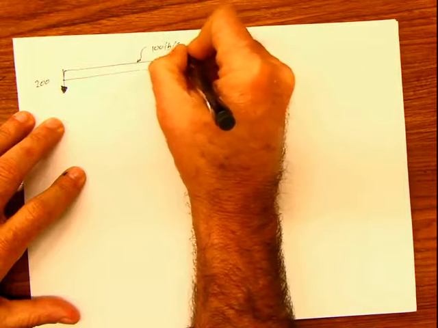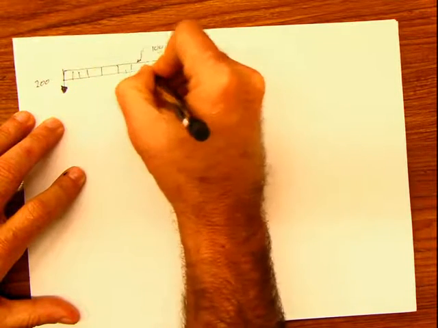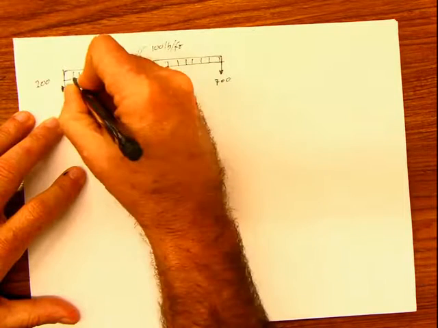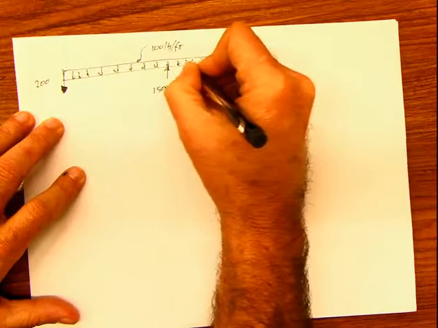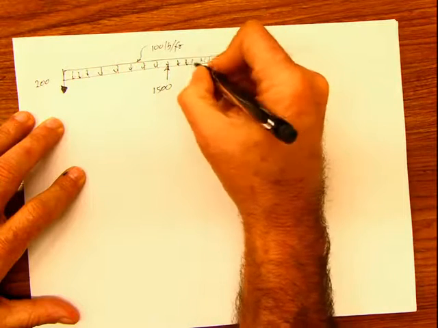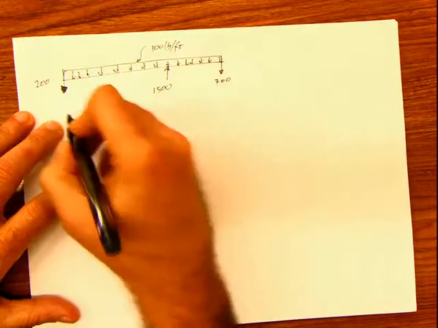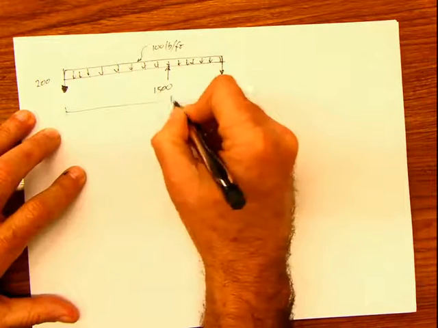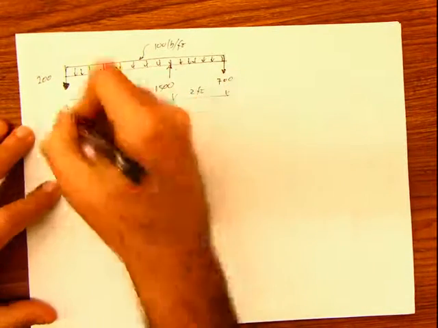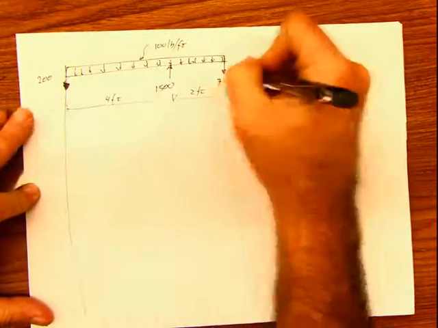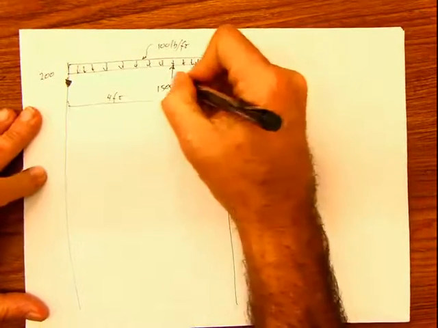£1 per foot, distributed load, downward, distances, 4 feet, 2 feet. Vertical line at the beginning, vertical line at the end.